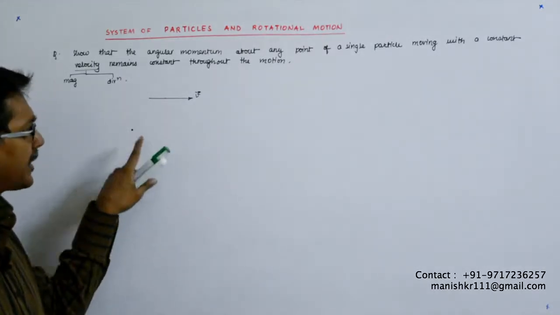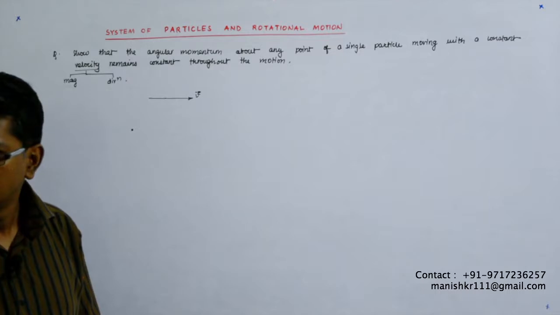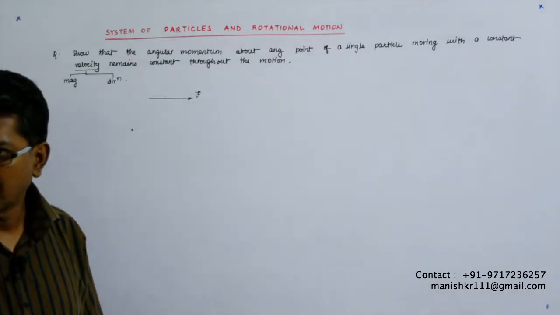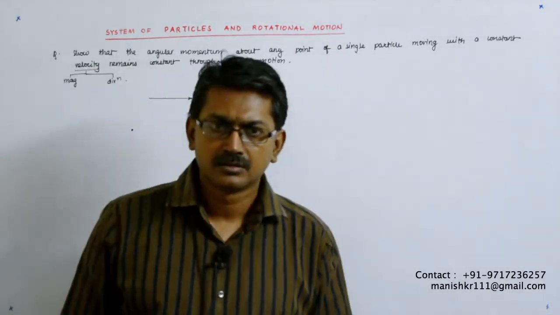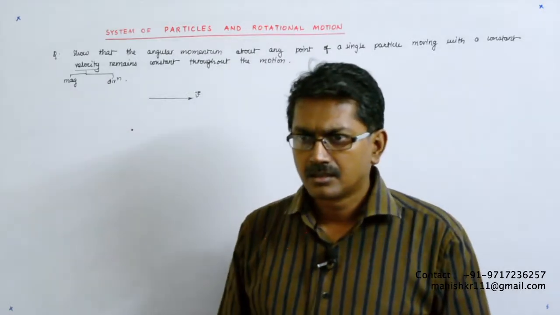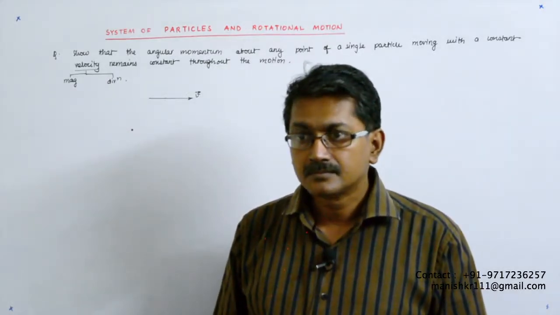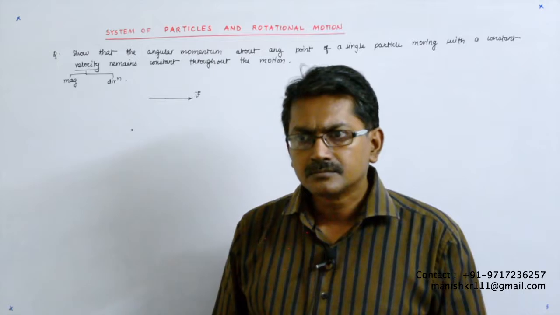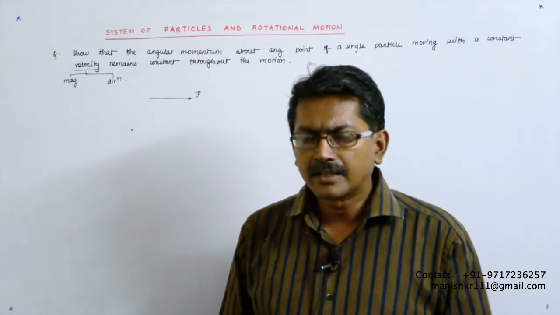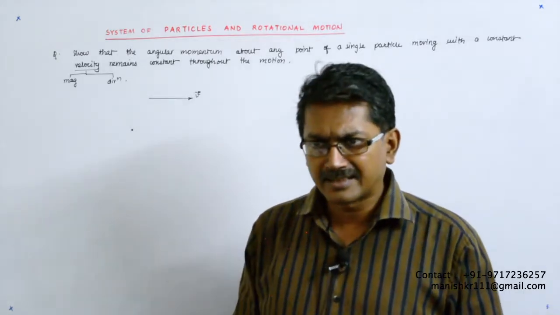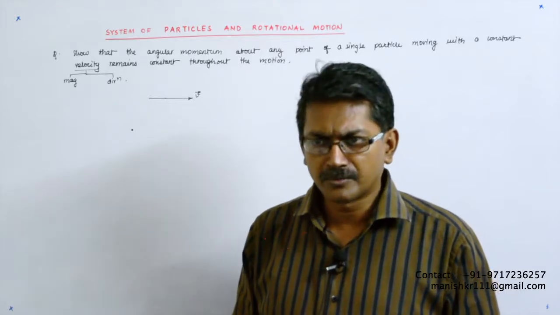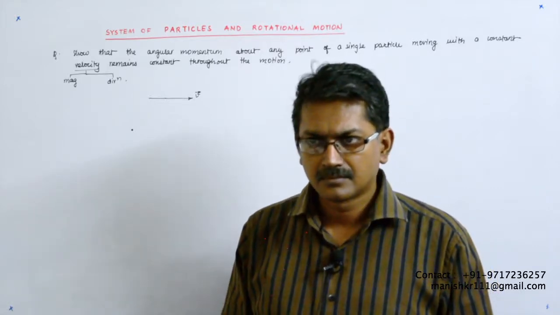But about this point, it won't have an angular momentum. How is angular momentum defined first of all? R cross mv. Fine. So it has an R and it also has an mv. So what stops you from calculating the angular momentum?